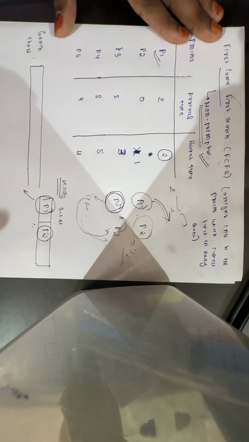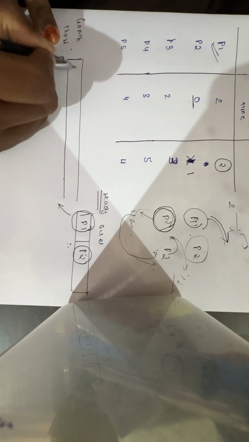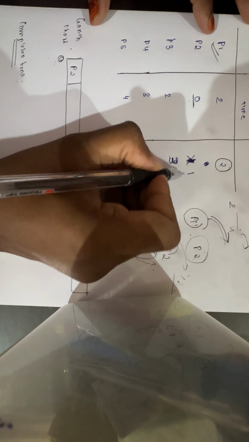Okay, so how do we draw this Gantt chart when it comes to First Come First Serve? Let us understand. First we will look at the arrival time and check which process comes first. At the 0 interval of time, this process P2 comes and its burst time is 1.